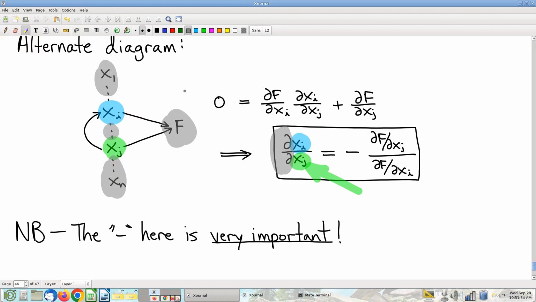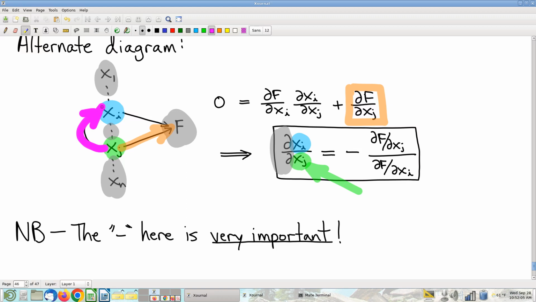Well, there's two different paths along which changes can propagate. On the one hand, if you change xj, f is a function of xj directly. And so partial of f with respect to xj tells you one contribution to how f is changing. The other contribution is that as xj changes, xi changes, because xi is a function.